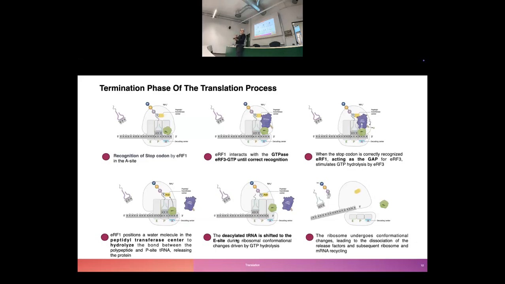Because when we speak about codons, usually it is because of the presence of an anti-codon. But it's so usual that we just speak about stop codons. But remember, there's no corresponding tRNA for those. Instead, there are termination factors that will interact with those stop signals.